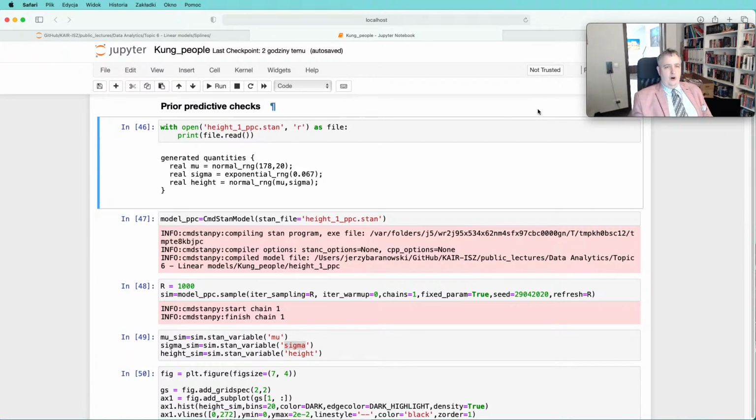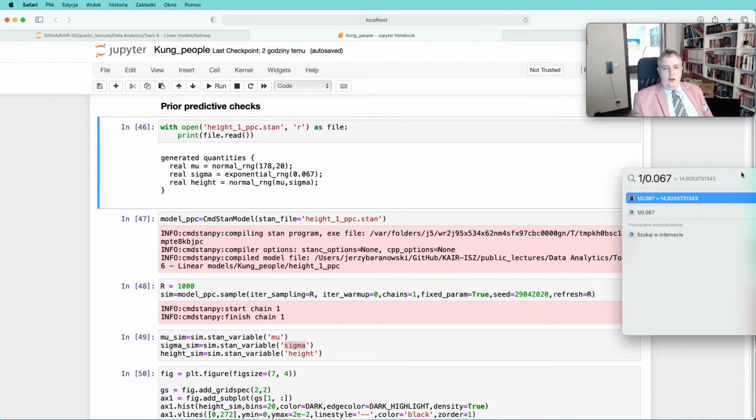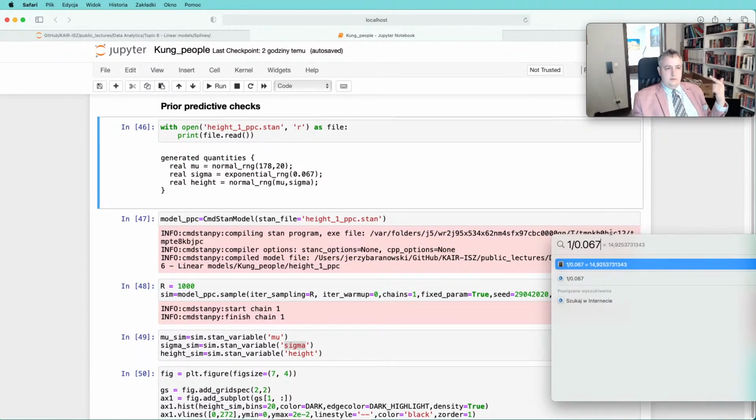In the case of sigma, we have a kind of puzzling exponential distribution with a parameter 0.067, but this is actually the mean of exponential distribution is 1 over the parameter.